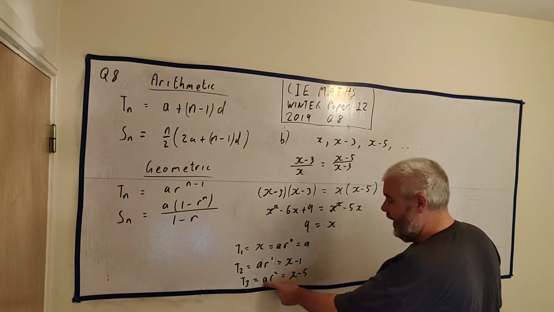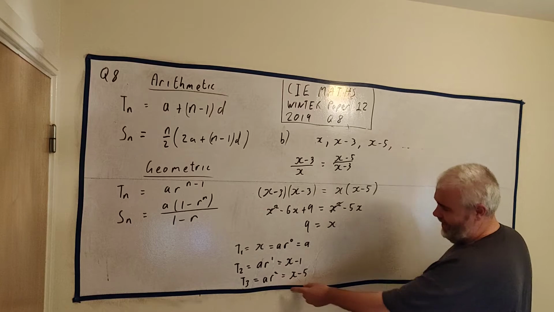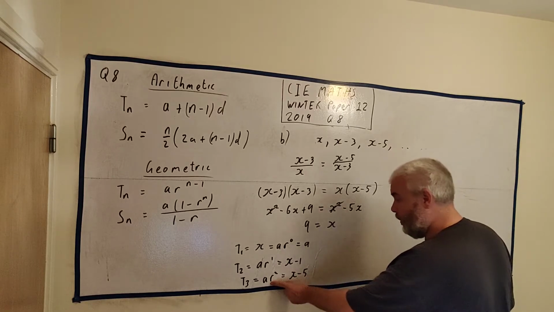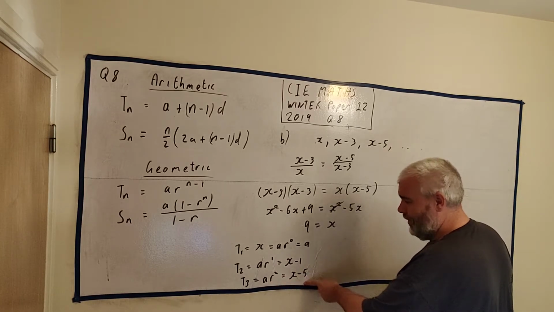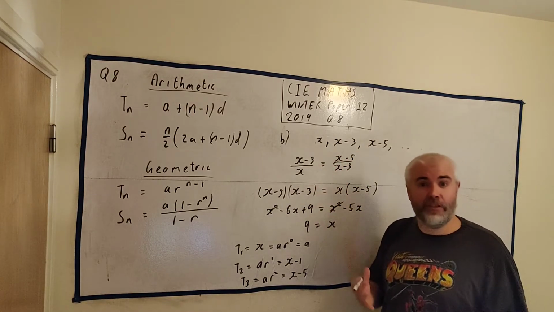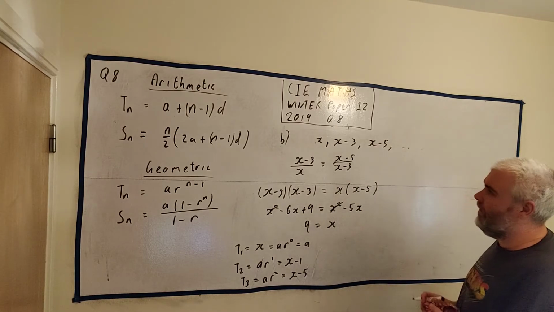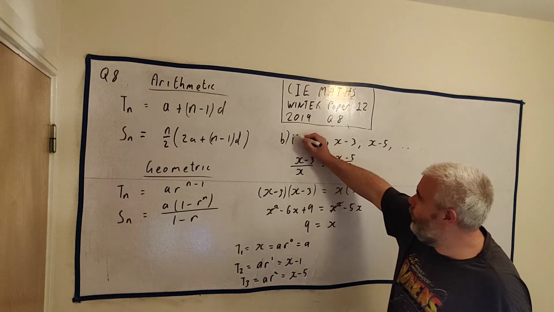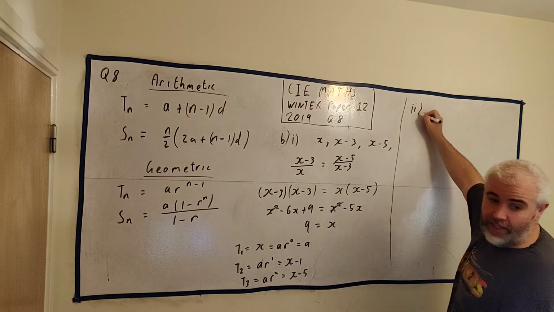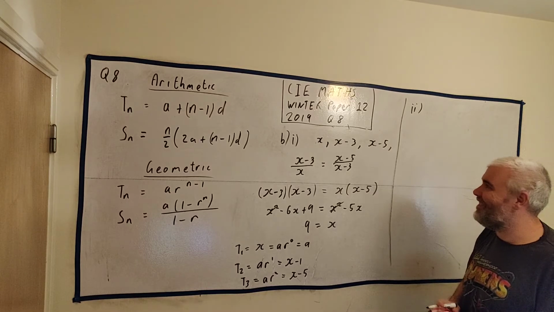You'll get x multiplied by (x minus 1) squared divided by x squared is equal to x minus 5. You'll get an equation like this that you'll have to solve for x, and hopefully you'll find 9 again. Alright, that's B part 1. Okay, part 2 then asks us, find the fourth term in the sequence.